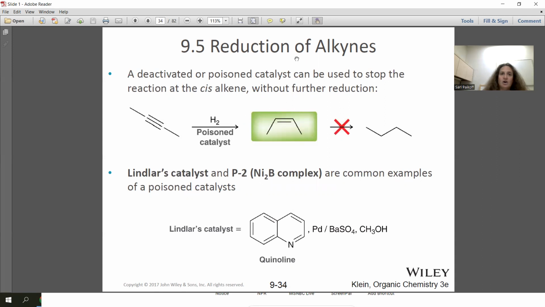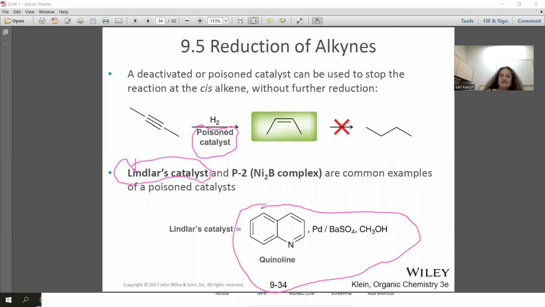So we call it a poison catalyst. It's a very similar reaction, but we call it either a poison catalyst or Lindlar's catalyst, which is shown down here, where basically this stops the reaction from reducing a second time.